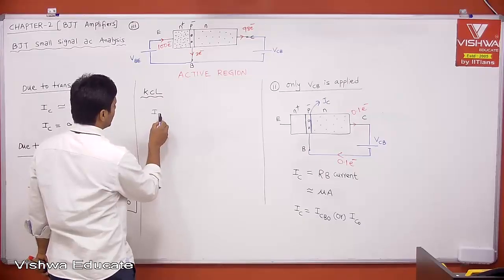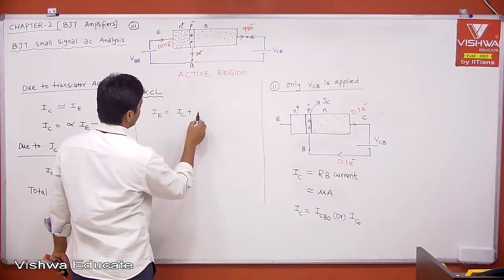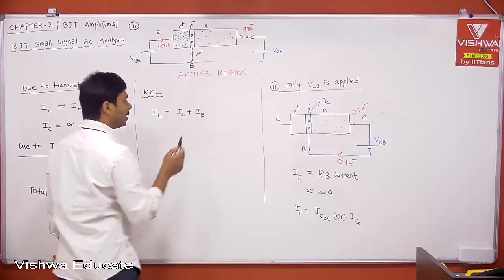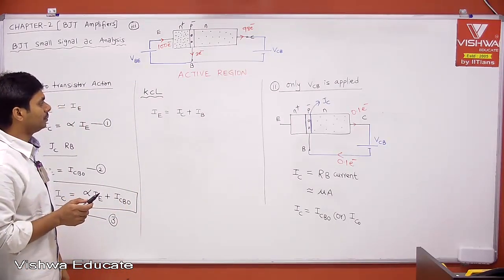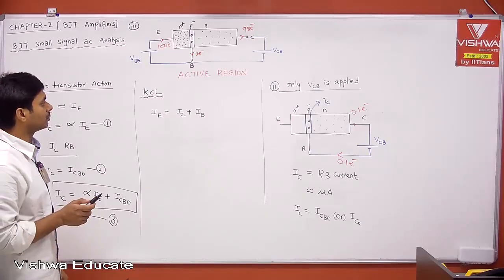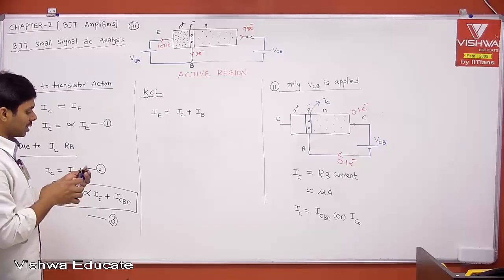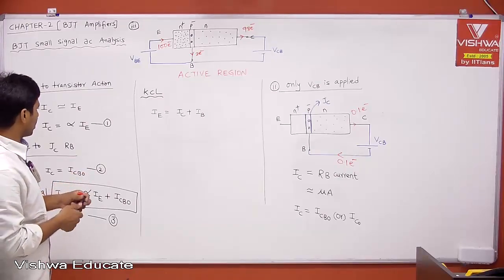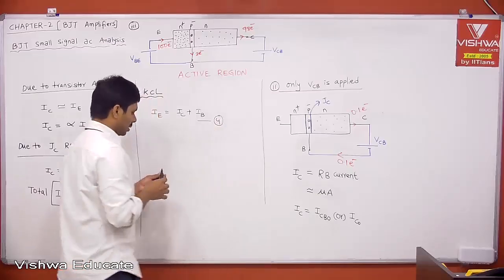Therefore, your emitter current IE is equal to IC plus IB. You can call this equation 4. This is your KCL.